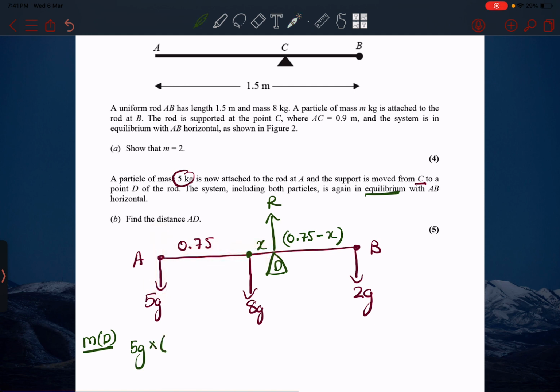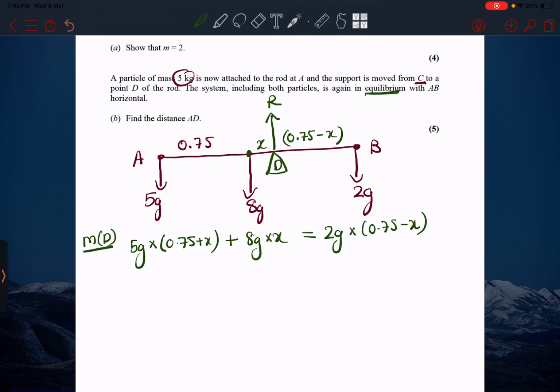So I have 5g times 0.75 plus x, in the anti-clockwise direction. The next force is 8g, also anti-clockwise, so this is plus 8g times x. On the other side, the force is 2g, going in the clockwise direction. The perpendicular distance is 0.75 minus x. So I now have 2g times 0.75 minus x.